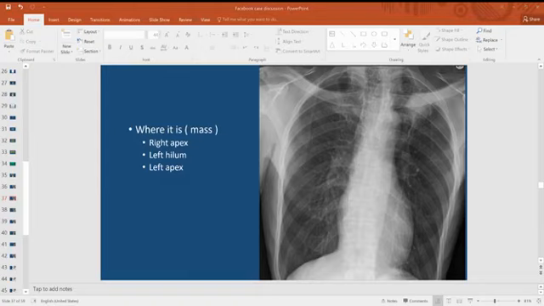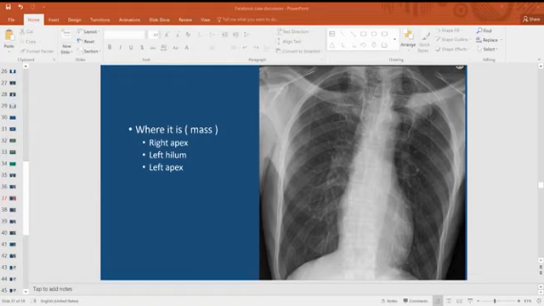Now we shift to the next question. What is the relation of the mass to the clavicle?